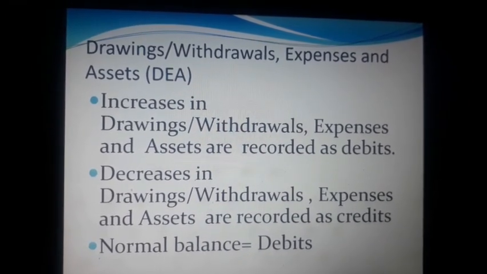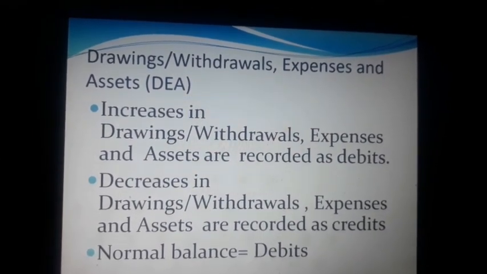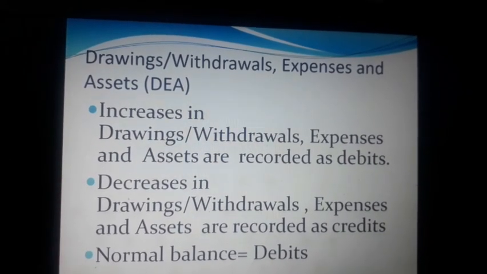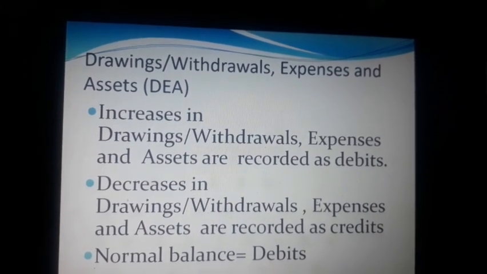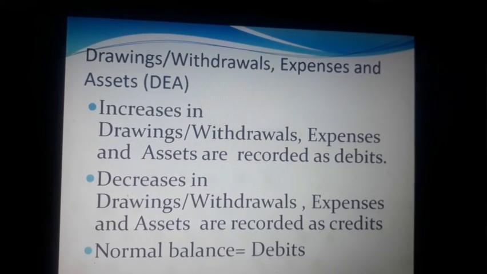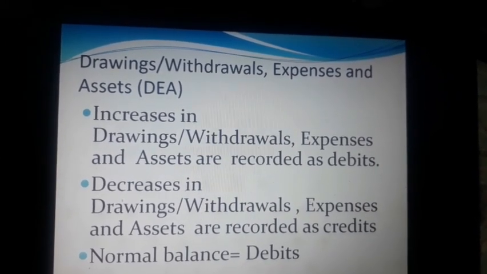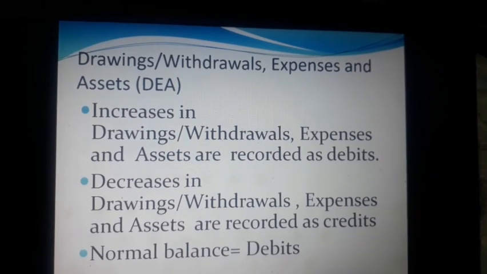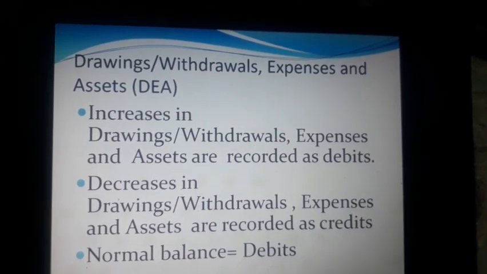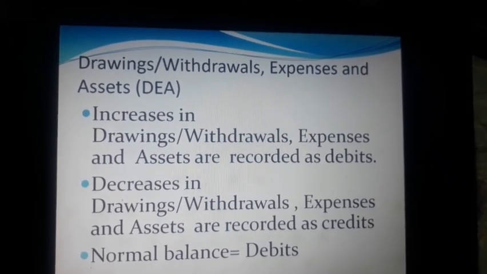So, kapag nadadagdagan po ang ating drawings, withdrawals, expenses, at assets, nare-record po siya as debits, kasi yan po ang kanyang normal balance ng ating mga accounts. DEA: the drawings, the withdrawals, the expenses, and assets. Kapag nadadagdagan sila, nare-record po natin sila as a debit. Nasa debit side po sila.